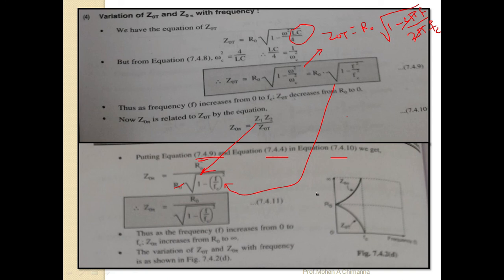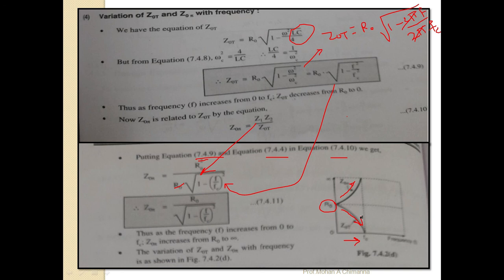From this figure we understand Z0T and Z0 pi with respect to the design impedance R0. Once the frequency increases from 0 to fc, Z0 pi increases from R0 to infinity, while Z0T decreases up to the cutoff frequency.